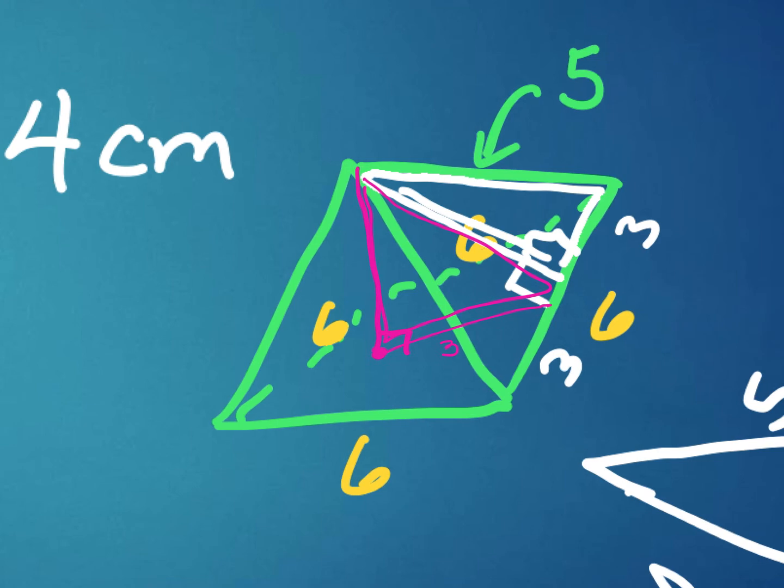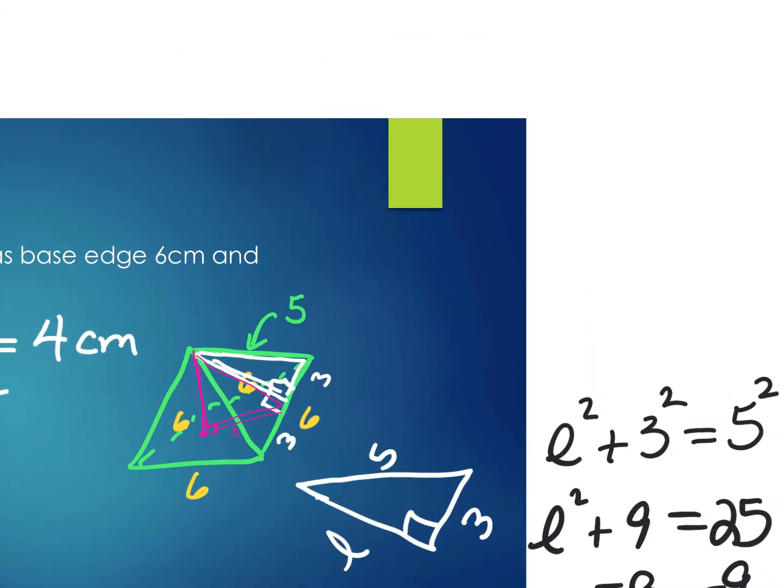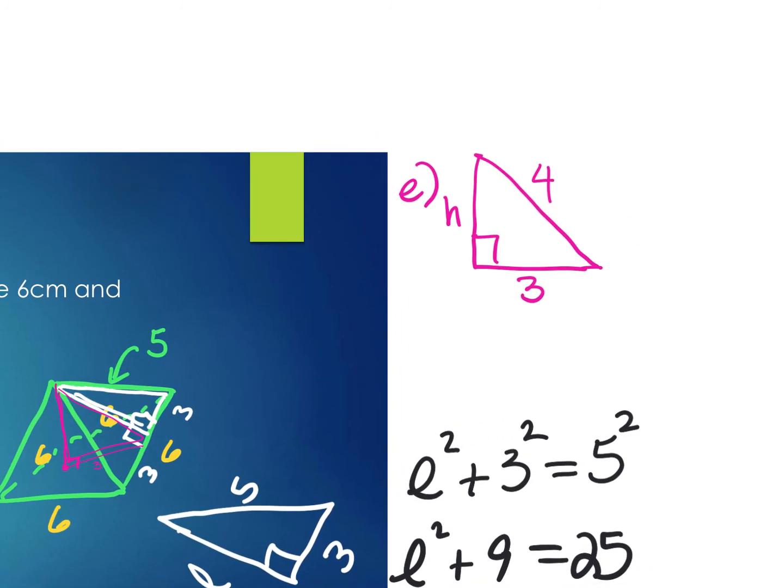So for part E, let me do E up here. I'm pulling out, this is the altitude or the height. I know that this is 3, and I calculated the slant height to be 4. Now, at first glance, you're thinking, oh, it's a 3, 4, 5. But remember, the 5 would have needed to be the hypotenuse. So I actually have to do Pythagorean theorem here.